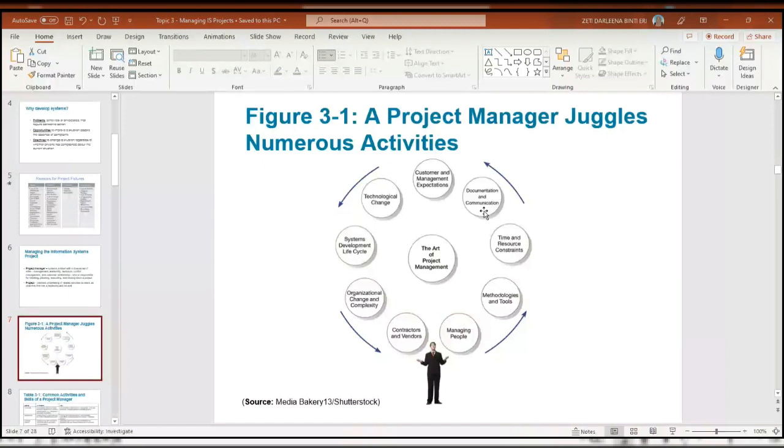So these are what we call the art of project management. That includes customer and management expectation, technological change, so he has to be up to date, differentiate the methodologies that are available, he has to understand.